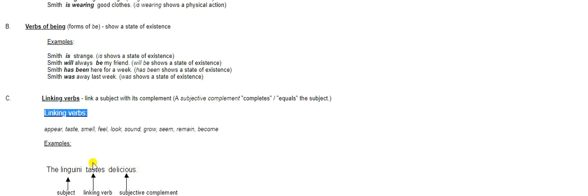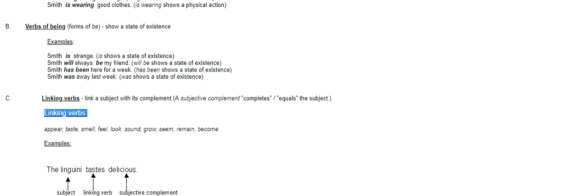The linguine is delicious. Okay? Then this is a type of linking verb. And for my purposes, I will never quiz you on the differences between an action verb, a verb of being, and a linking verb. But just know that in this case, tastes is the verb, okay? Even though it's not an action that the linguine is completing.